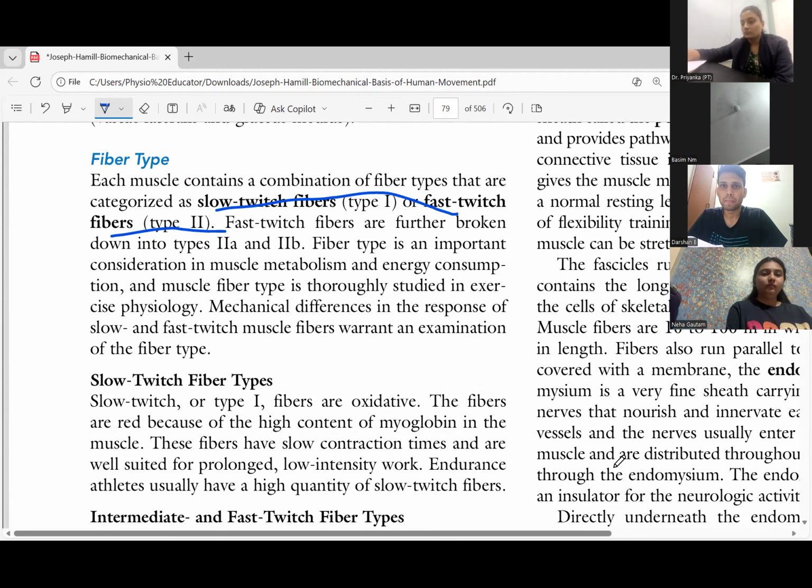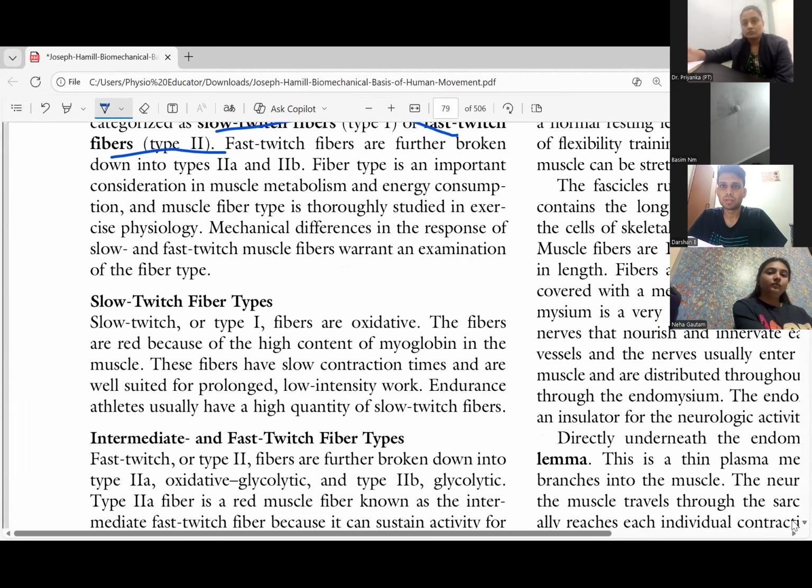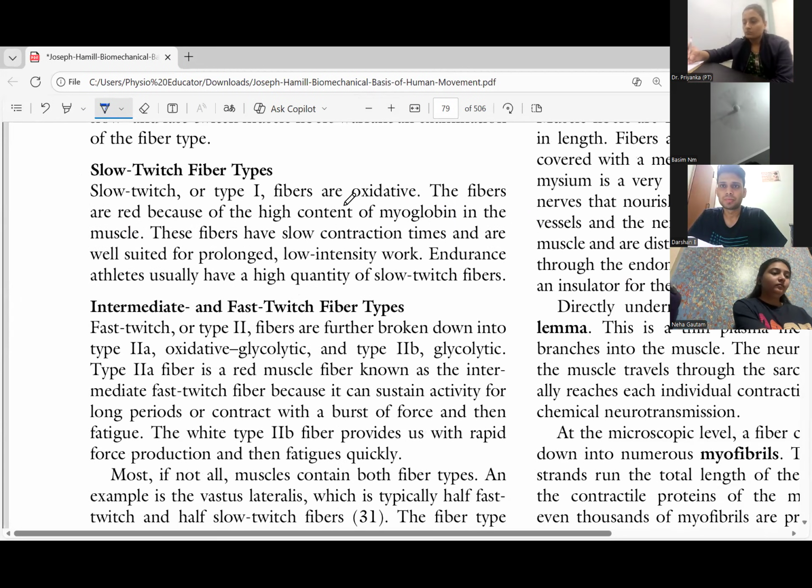So what is meant by slow twitch fiber? Slow twitch fibers are oxidative. Oxidative means, if you know biochemistry, ATP is produced by the aerobic cycle and the anaerobic cycle. Slow twitch fibers use the aerobic cycle, which uses oxygen. That is why it is called oxidative, where the fibers get their ATP from the oxidative cycle.